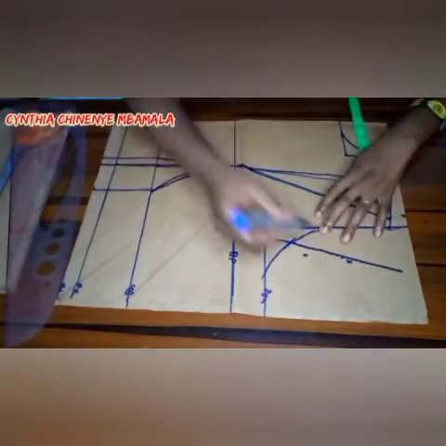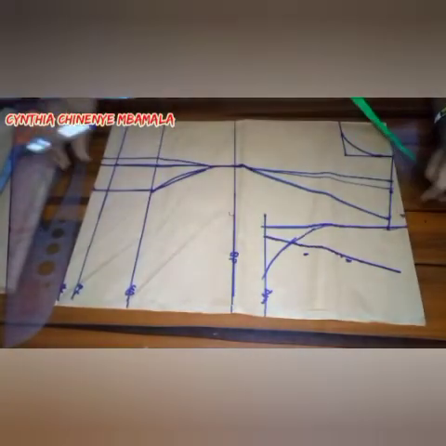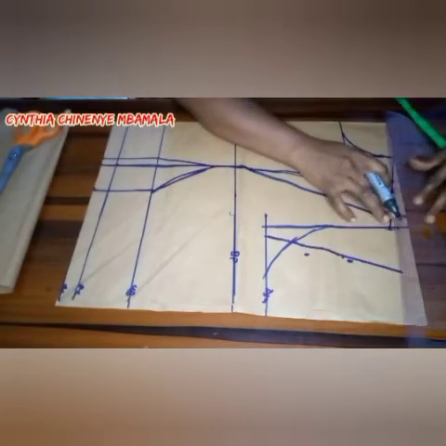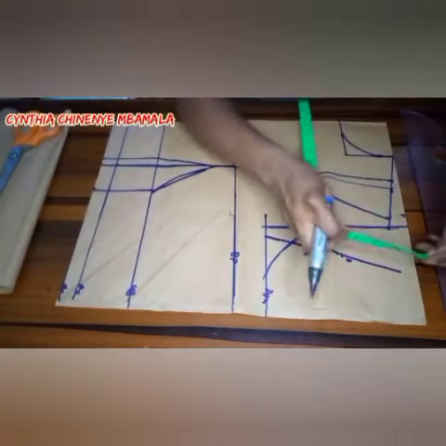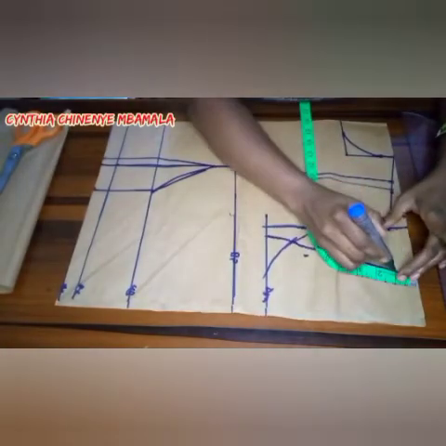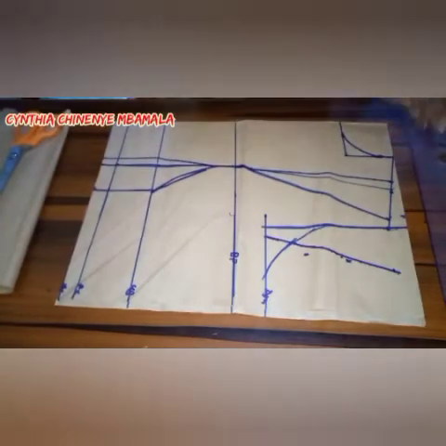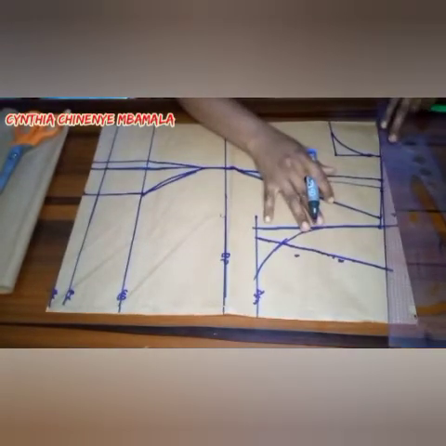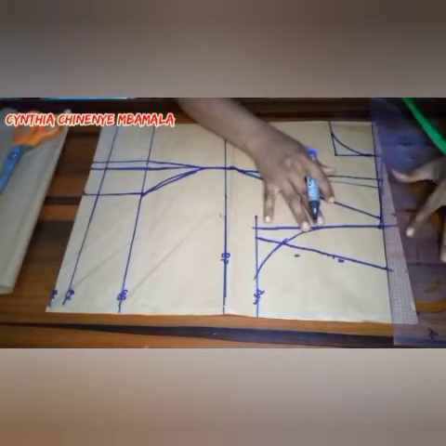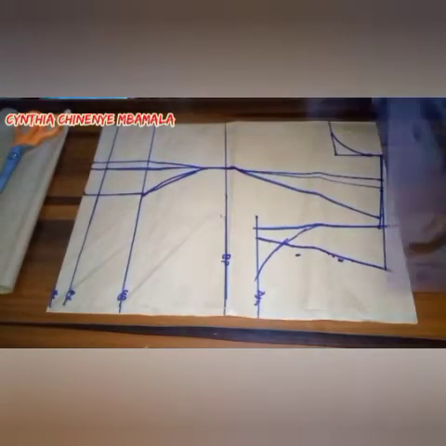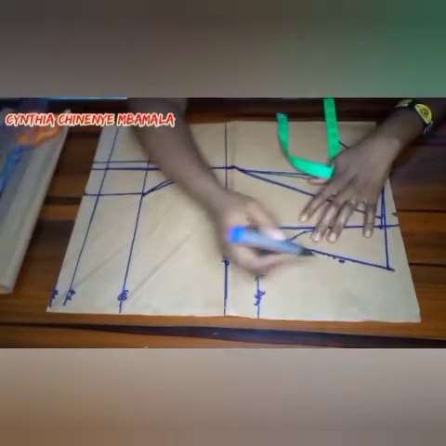So from here I'm going to give a new armhole, but let's do a shoulder slope first. Shoulder slope, 1 inch. Don't forget that, 1 inch. Okay, so I'm going to draw my new armhole.